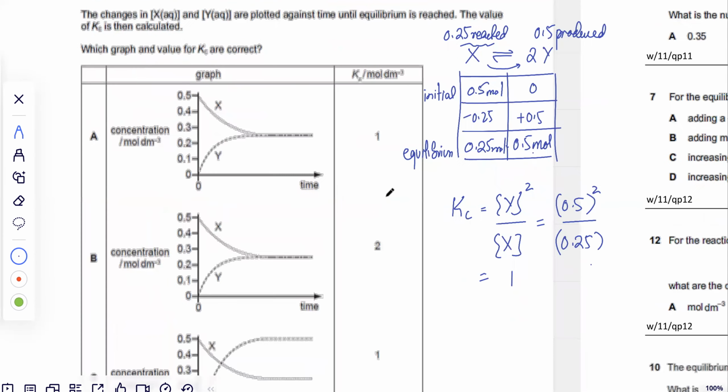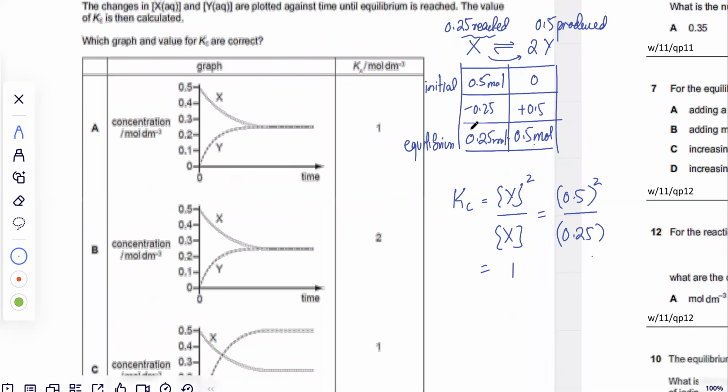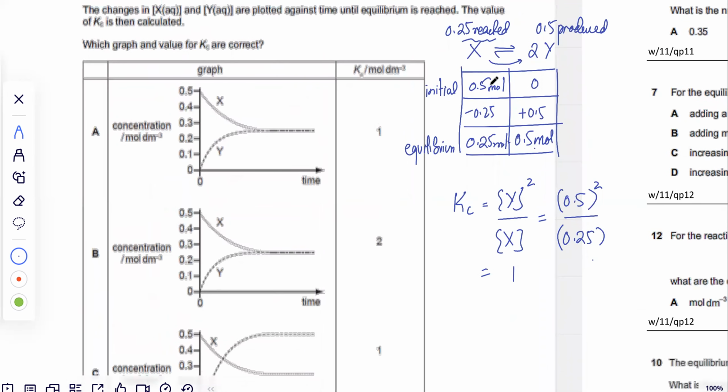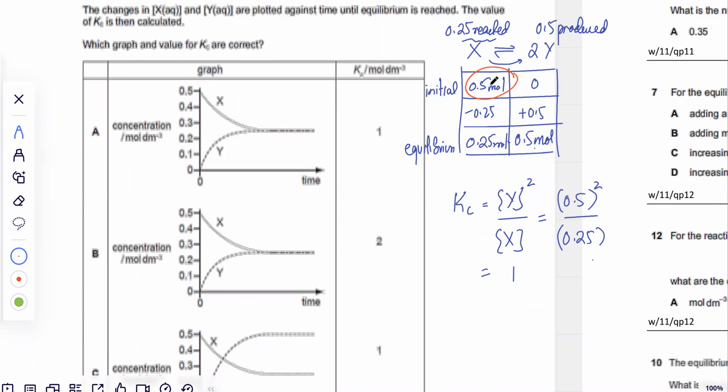And he was also looking for the graph as well. So the graph is that the concentration of x starts at 0.5 and it eventually drops to 0.25. So the concentration of x is going to look like this. And the concentration of y starts at 0 and it increases to 0.5.